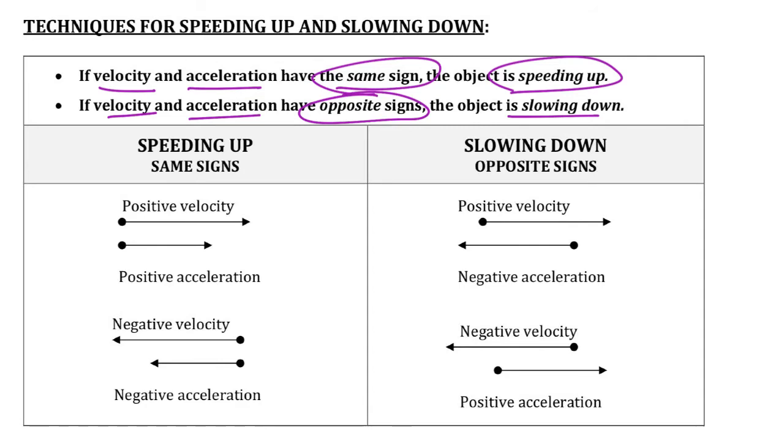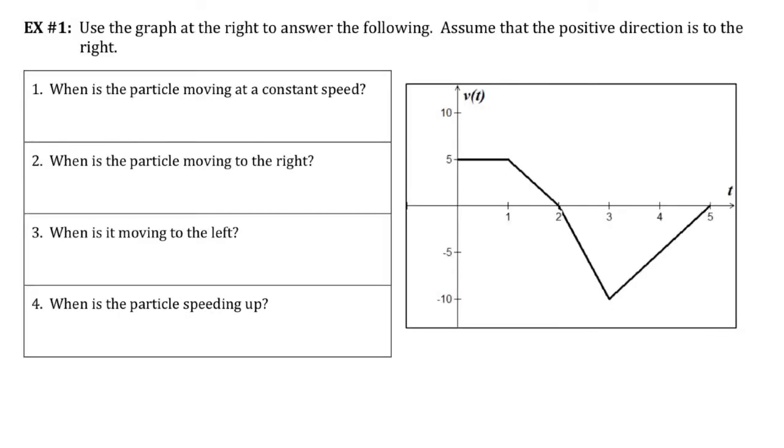Okay, now let's look at our graph. Notice that the graph to the right here is the graph of velocity. Always take note of which function you've been given. So the first function that we have is our velocity, and also our x-axis is going to be in terms of time. The first question they ask us is, when is the particle moving at a constant speed?